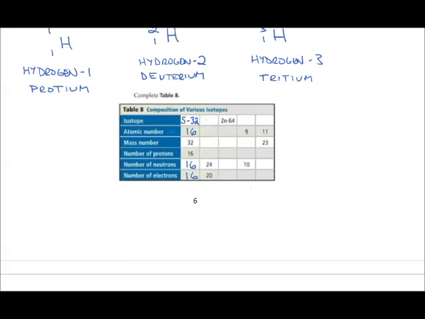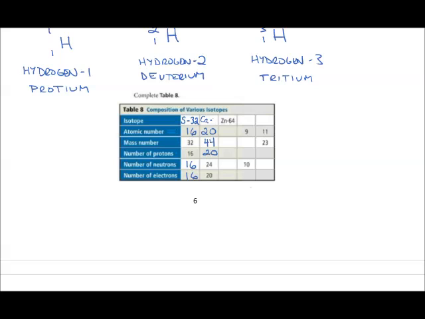What about the next one? If there are 20 electrons, then there must be 20 protons. The mass number is protons plus neutrons, which is 44. The atomic number equals the number of protons. And then its name, we look up atomic number 20, which is calcium.